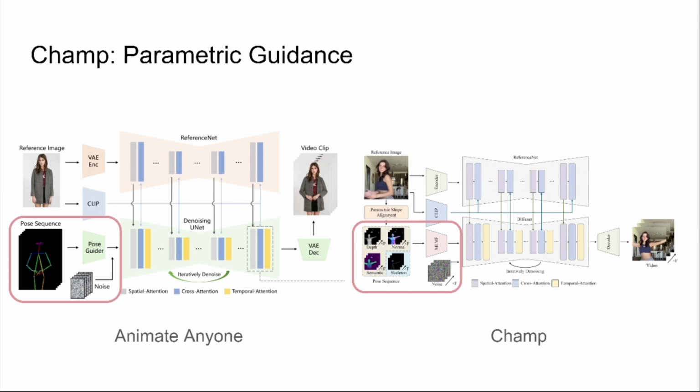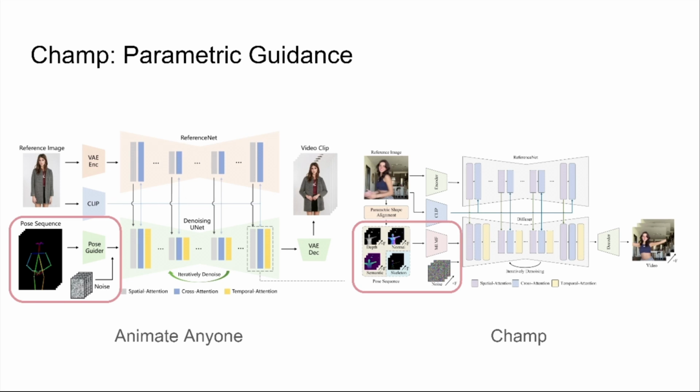So Champ is actually a very intuitive extension, because we would think the skeleton image does not carry enough information for the video motion, right? If we want more, for example, what I mentioned before with this neural texture, we also utilize the UV mapping.